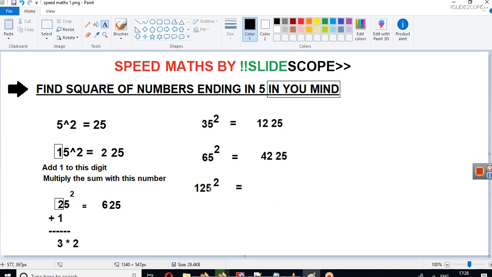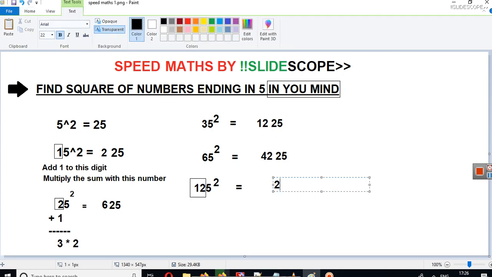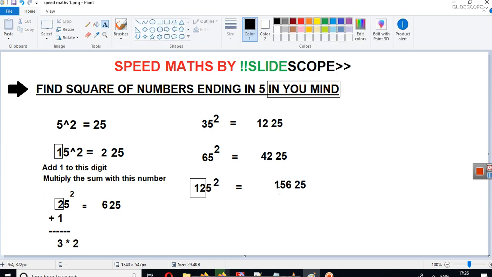In this case also, you just leave 5. So your number will be 12. First write 25 here. What is 12 plus 1? That is 13. And what is 13 into 12? That is 156. So the square will be 15625.